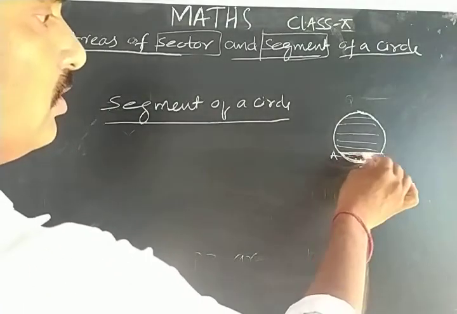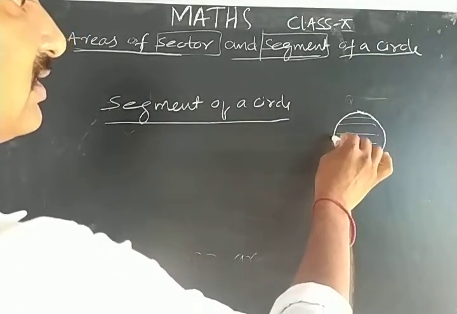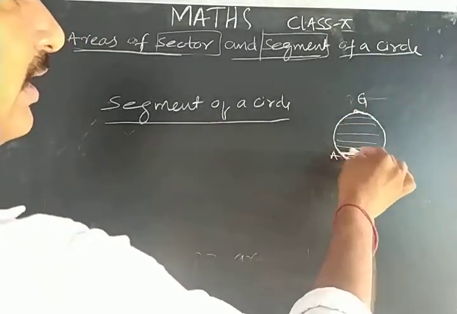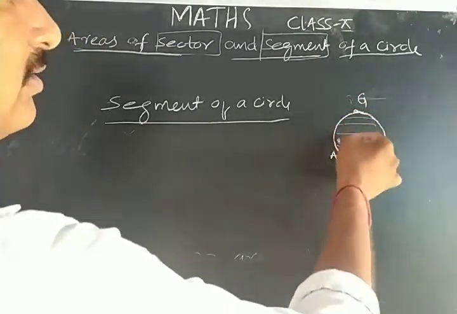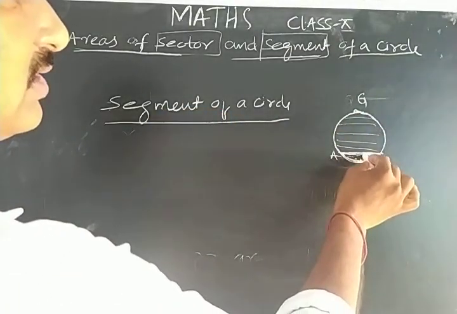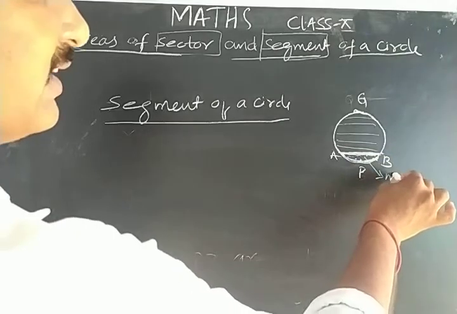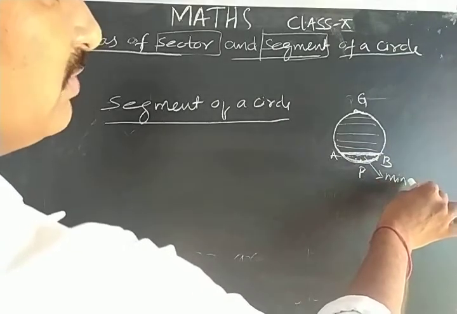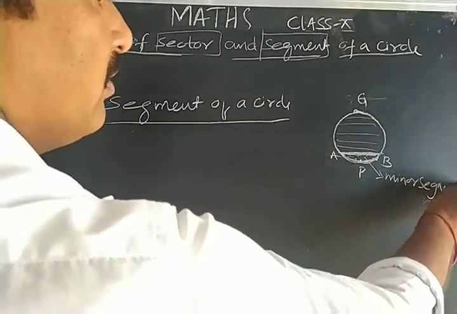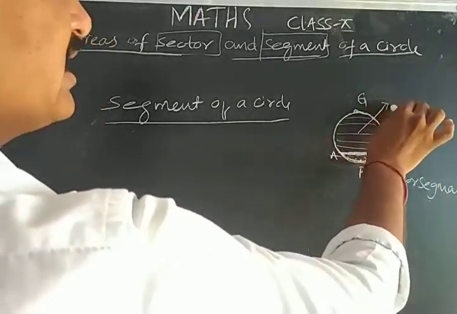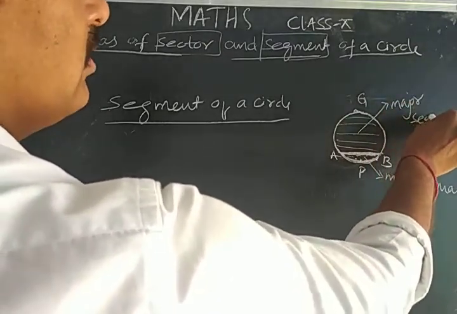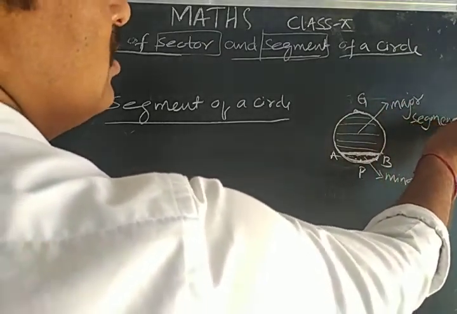And here also AB is the chord and this AQB is arc of the circle. Here also we are getting some area. This area is also known as segment, but this is smaller area, so it is known as minor segment, and this is called major segment.